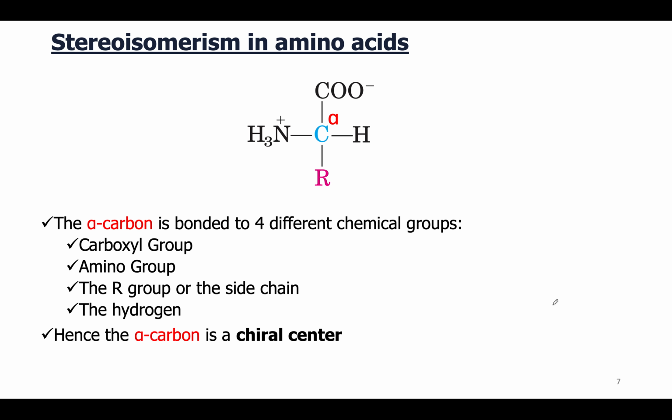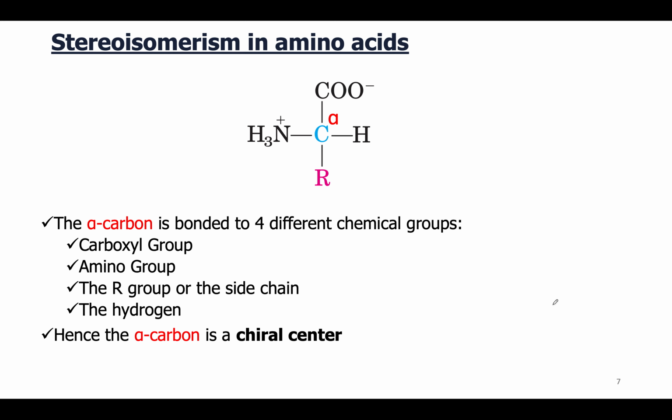We move on. We have to understand a bit of the stereoisomerism in amino acids. The whole concept of stereoisomerism and isomerism will be dealt in detail by Professor Bayumi in organic chemistry. But we need to know a bit about the stereochemistry of amino acids.